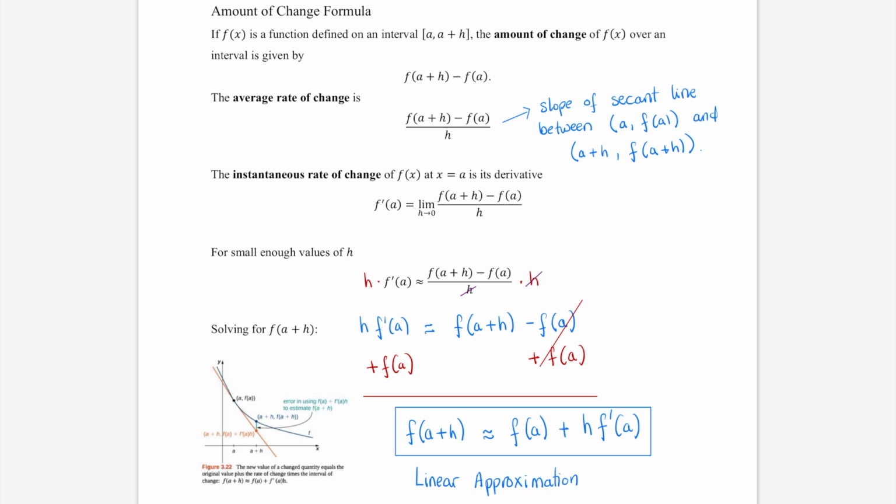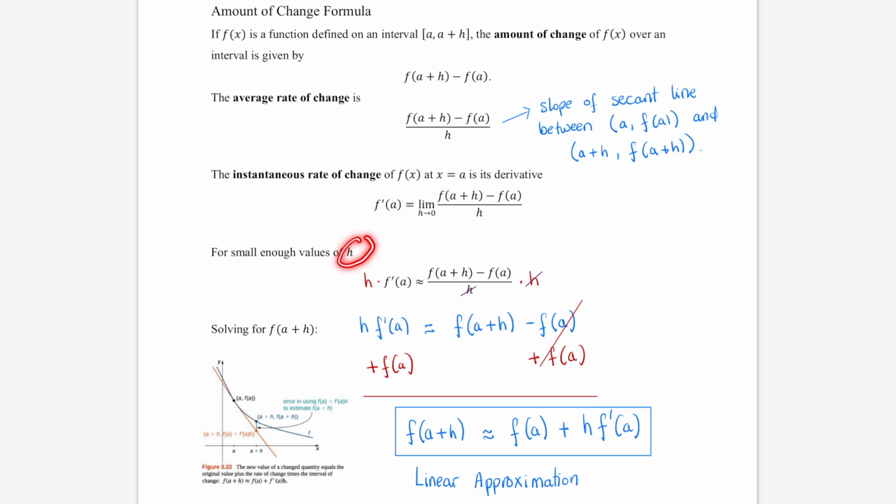Let's summarize the main idea. The amount of change is f of a plus h minus f of a. The average rate of change is f of a plus h minus f of a over h. The instantaneous rate of change is the derivative: f prime of a equals the limit as h approaches 0 of f of a plus h minus f of a over h.